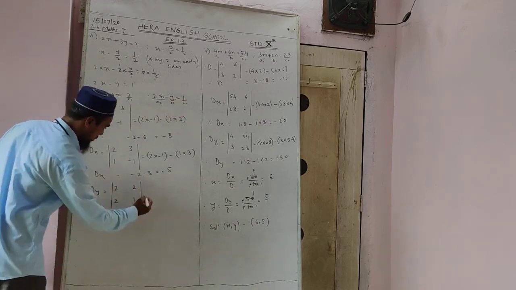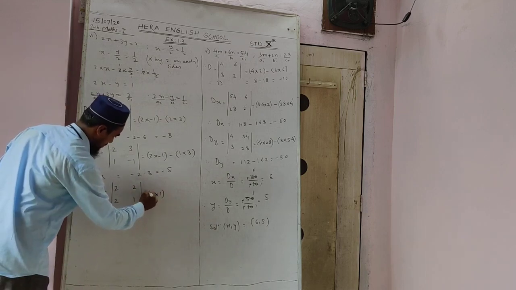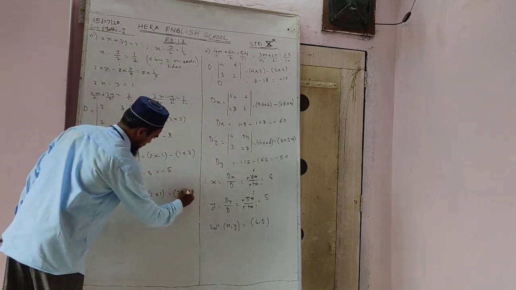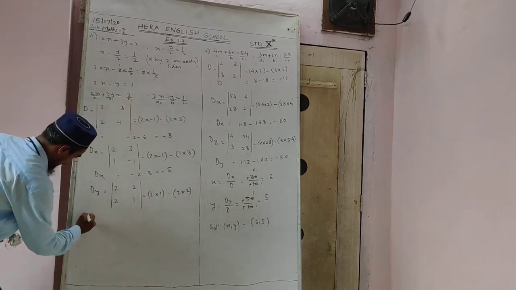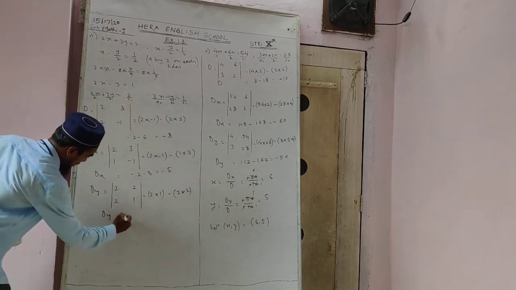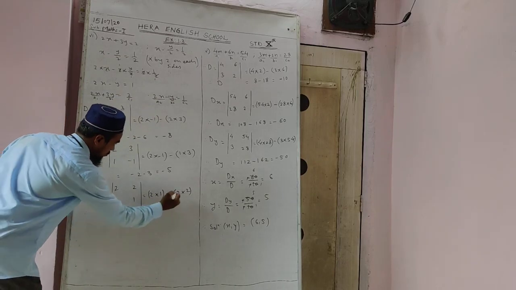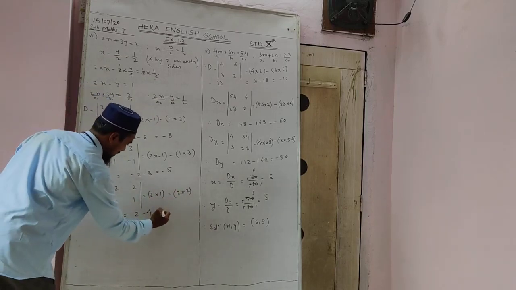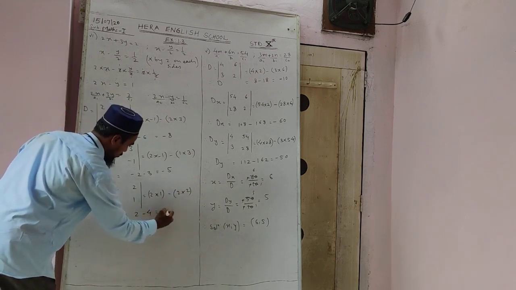Cross multiplication: 2 into 1 minus 2 into 2. Value of dy is 2 minus 4, you will get minus 2.